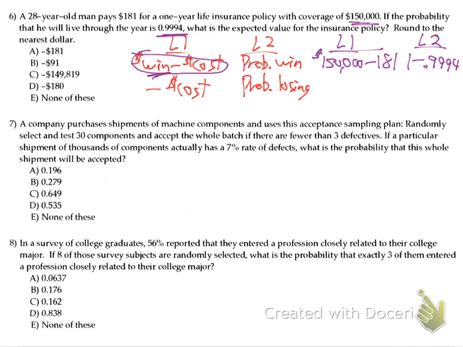Okay, and then the second one, negative the dollars cost. So what's the cost of this? That's the 181. So that'd be negative 181. That's the cost to buy the policy. And what's the probability that you'll end up just paying that money and that's all? 0.99994. It's the chance that you'll live through the year.